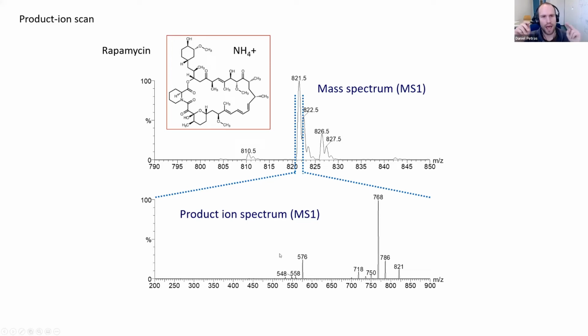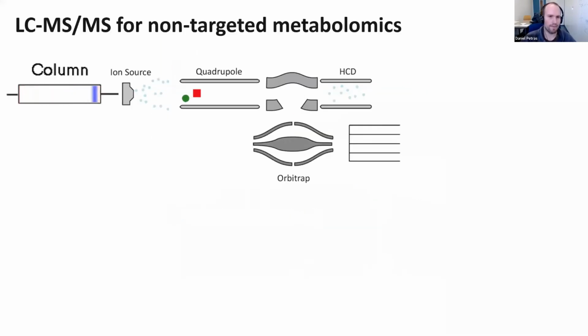And then we get the MS from it, a product ion scan, and this would be the different product ions. As I said, this can be used for spectrum library matching or for de novo compound annotation. And depending on your class, that sometimes works very well.